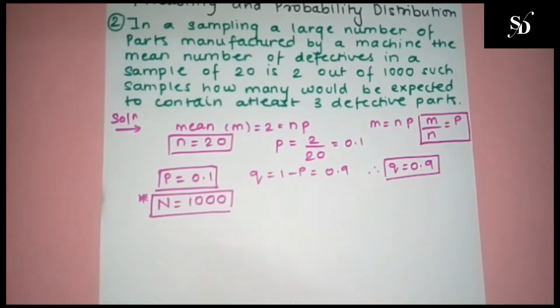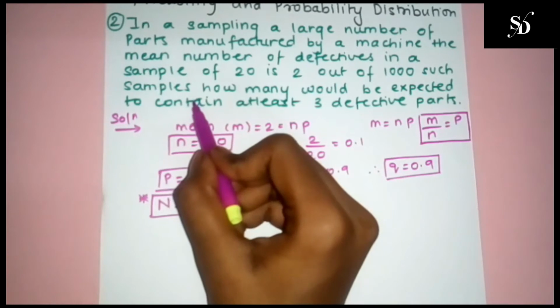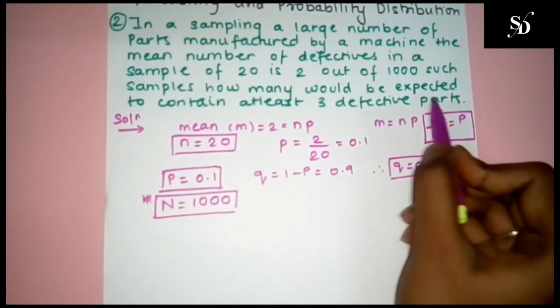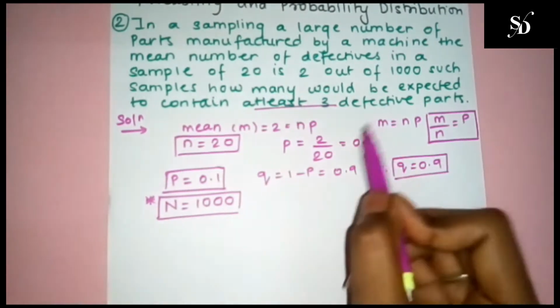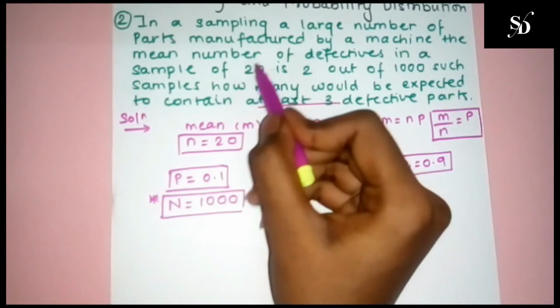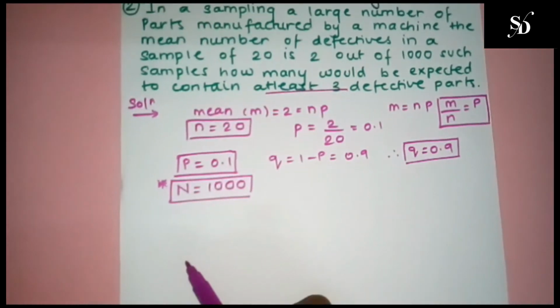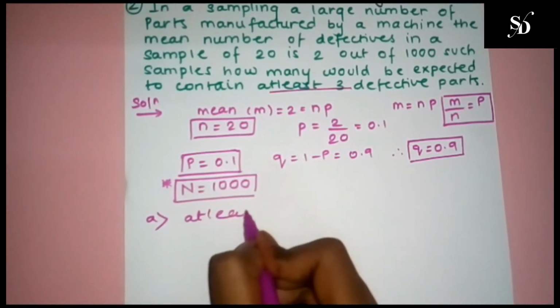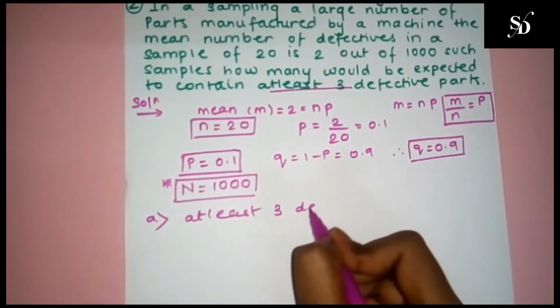Now note what they are telling. They are telling that at least 3 defective parts. Now the at least 3 defective parts we have to underline and understand. They are telling 3 defective parts out of this 20. So here is a condition, that is at least 3 defective.